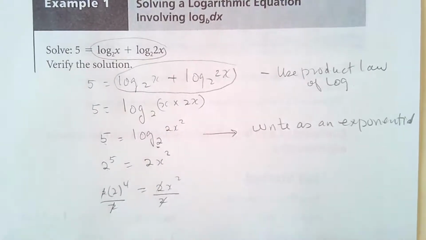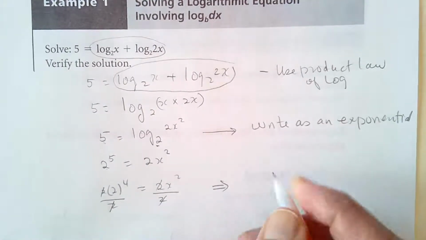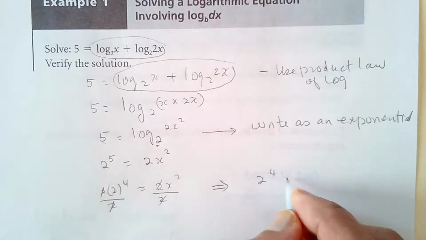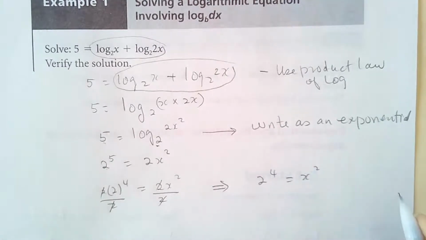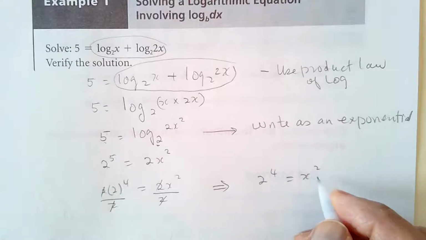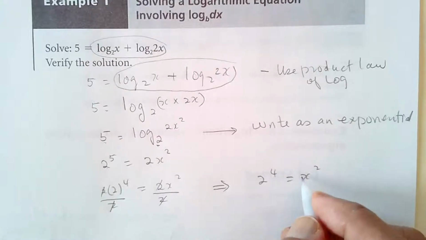We have 2 to the power of 4 is equal to x squared. To solve for x, I square root both sides.